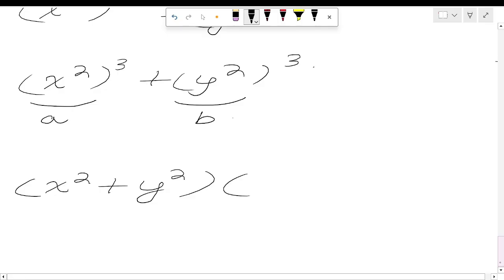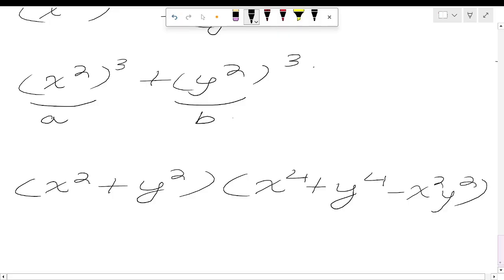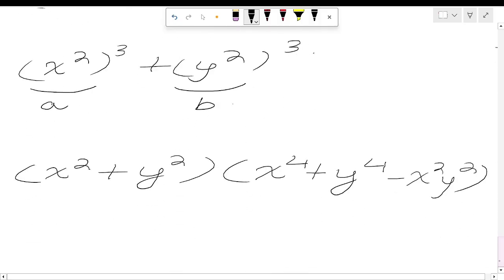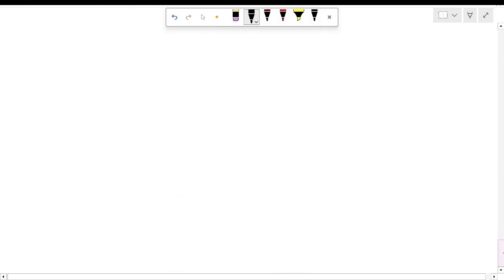Then we'll have a square. So a is x square. The square of x square will be x power 4. Then b square will be y power 4 subtracted from x square y square. So this is our final answer of question number 6. Now let's move on to question number 7.